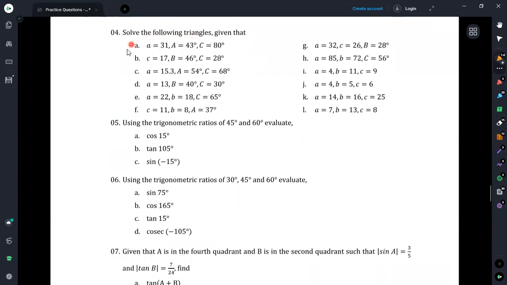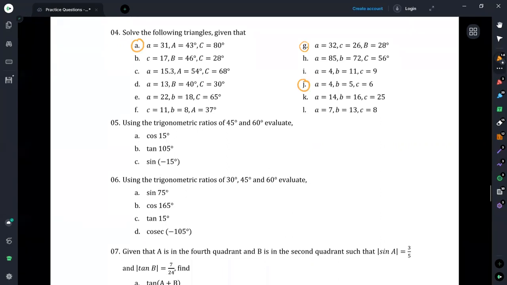Now I will pick up a set of questions from this fourth question. It is the solving of triangles. Here I'm going to discuss part A, part G, and part J as well.